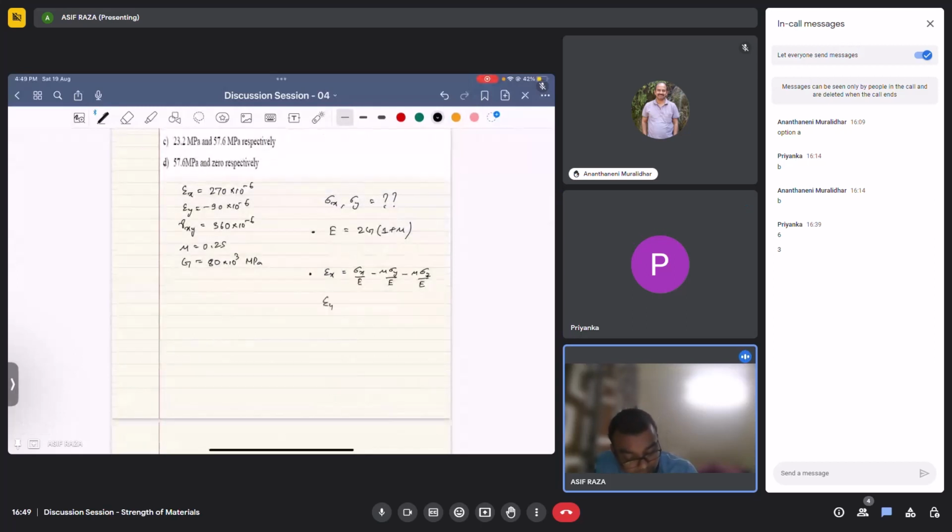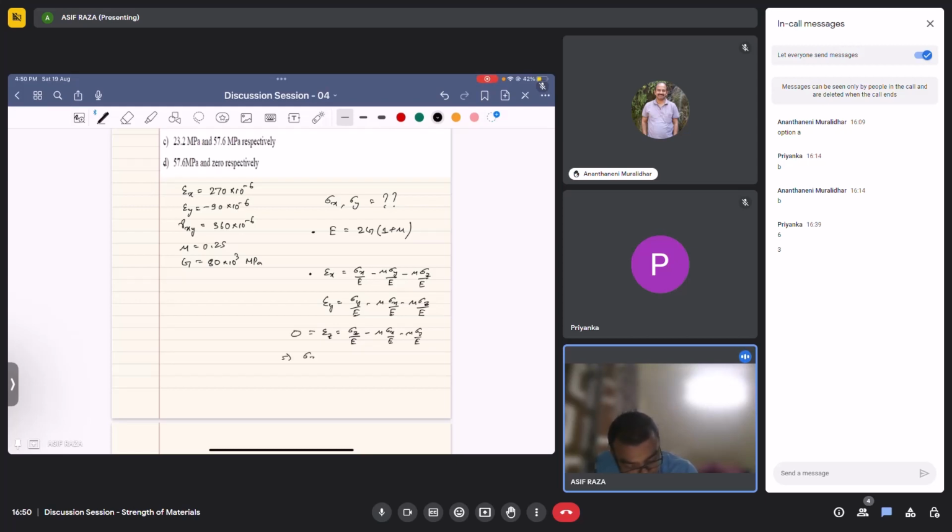Similarly, epsilon y would be equal to sigma y by E minus mu sigma x by E minus mu sigma z by E, and epsilon z would be equal to sigma z by E minus mu sigma x by E minus mu sigma y by E. But since it's a plane strain condition, this would be equal to 0.